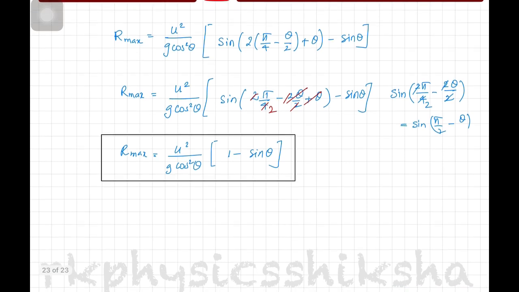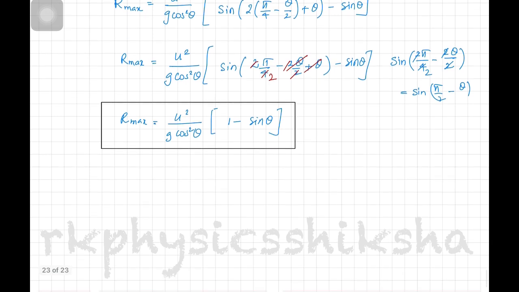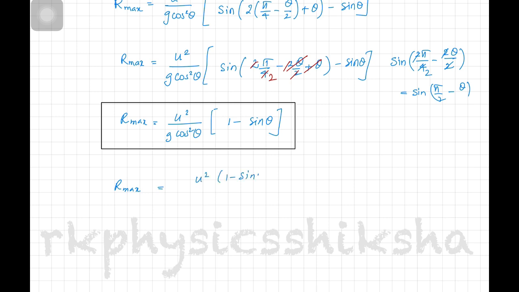You can replace cos square theta as 1 minus sin square theta, and taking the a square minus b square relation, you can rewrite it as R maximum is equal to u square into 1 minus sin theta divided by g into 1 minus sin square theta. If I write it as 1 square minus sin square theta, the denominator becomes a square minus b square.